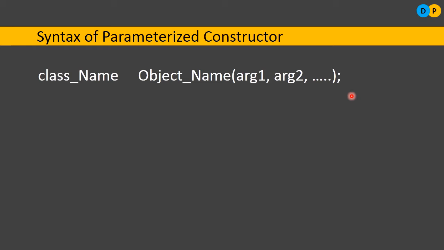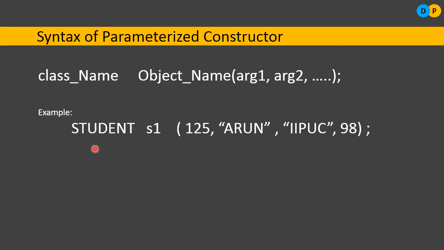Let us take up an example. Please notice here, there is a class by the name student. For the student class we have created an object s1. So s1 is an object of type student. Next, within the parenthesis, here we are trying to initialize the data members of the object student.